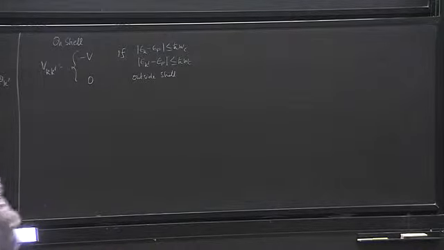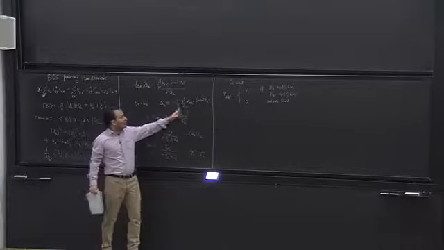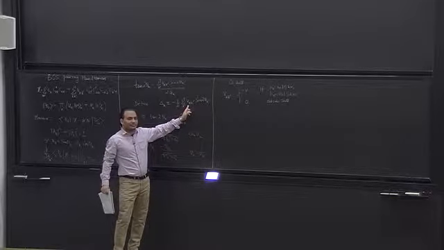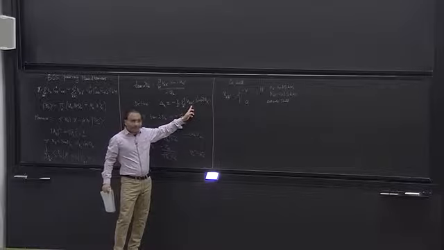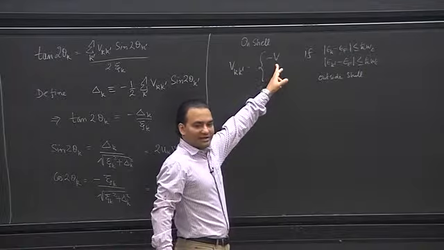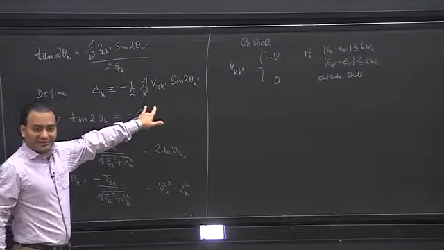Now, if you look at this expression here, this is a function of k. The only dependence on k comes from this factor here, Vkk prime. So if we make this approximation that Vkk prime is just some constant attractive potential, there will be no k dependence on the right-hand side.